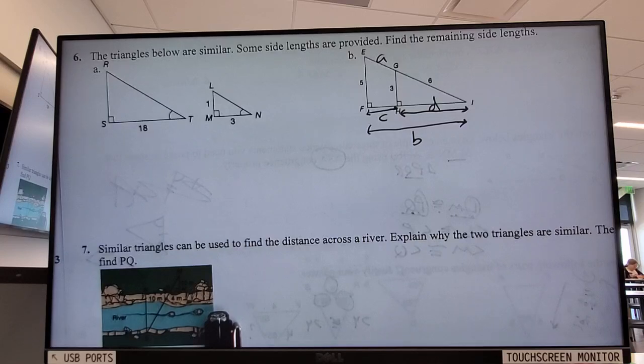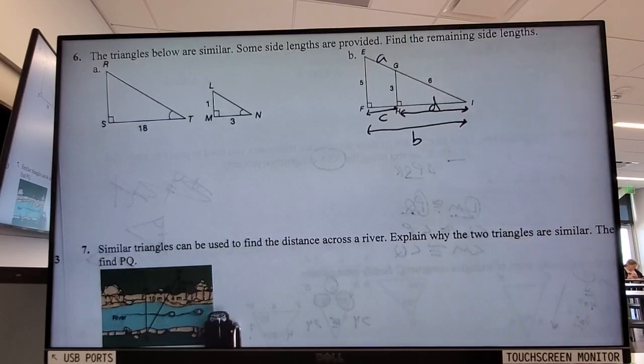So what is it? What's the scale factor? Times 2? No. So, real quick.